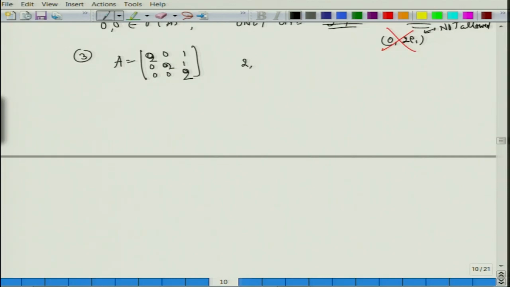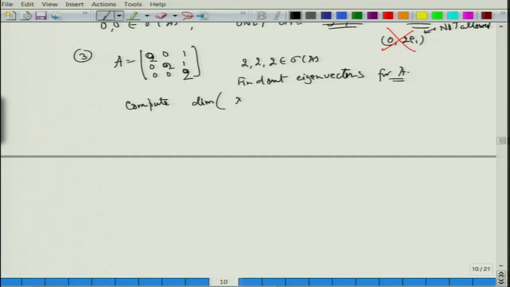Then you can see that 2, 2, 2 belongs to sigma of A. Find out eigenvectors for A, or compute the dimension of the null space of A minus 2I. Compute this out and check how many eigenvectors you get. Is that okay? So try that out yourself.